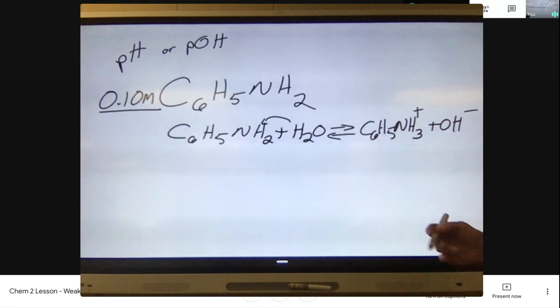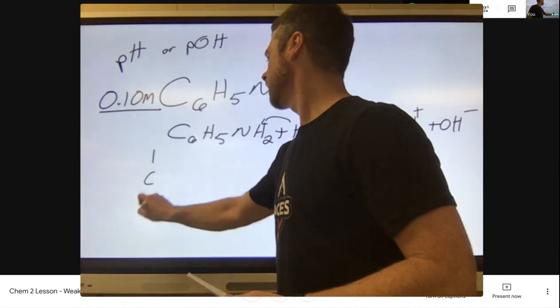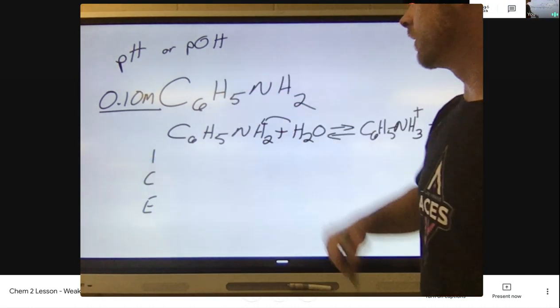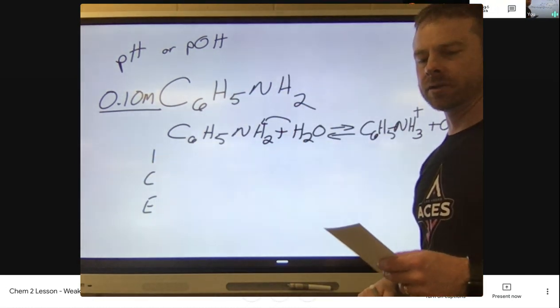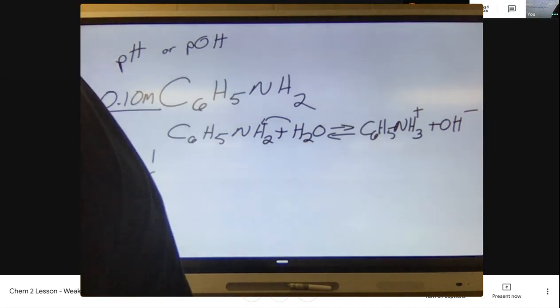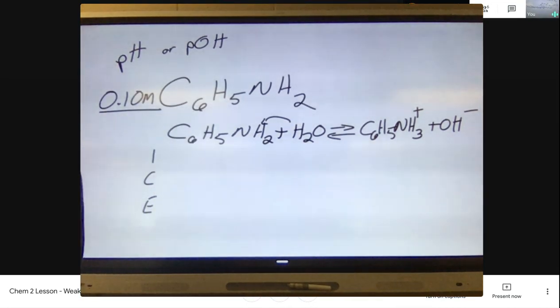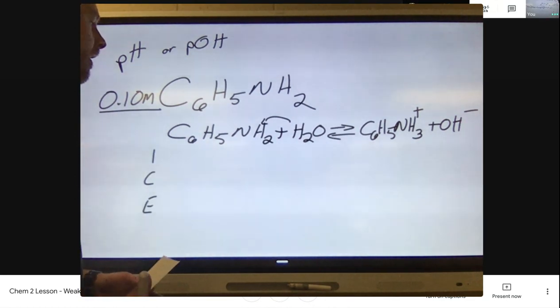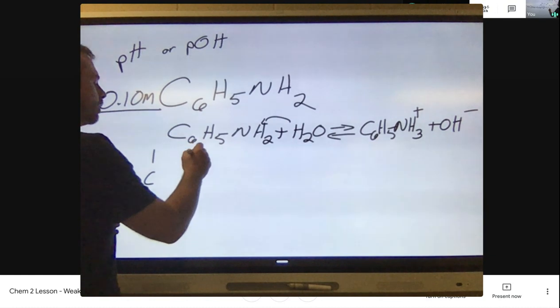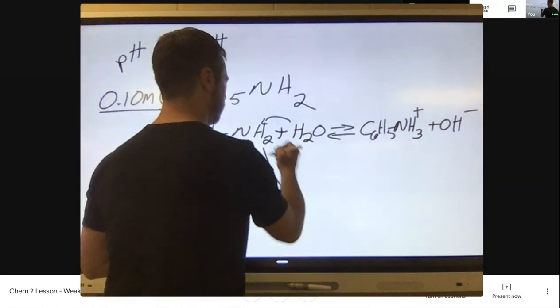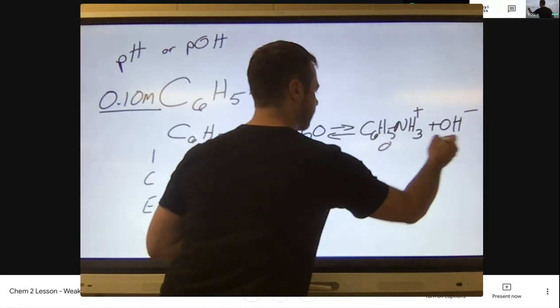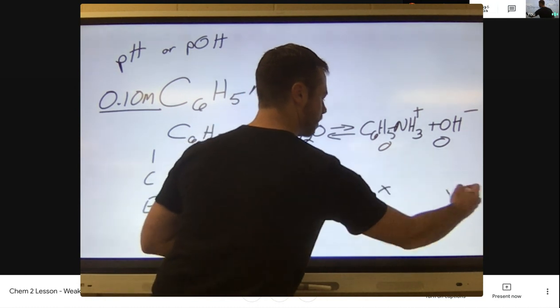So what you would do is you'd set up an ICE table, and you would directly use the Kb for this value. This is the second thing on the Kb chart, and it has a Kb of 4.3 times 10 to the negative 10th. So we would do an ICE table per usual.